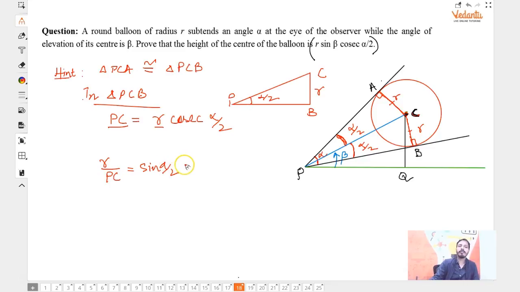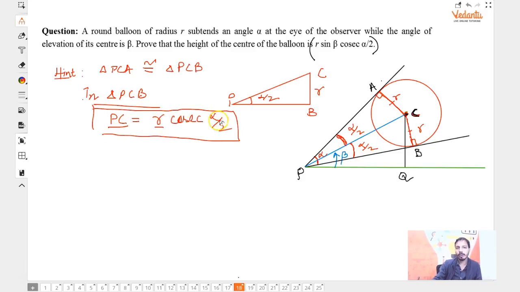From here we get PC equal to R by sine alpha by 2, and 1 by sine alpha by 2 is cosec alpha by 2. So I can directly write that PC is R cosec alpha by 2.